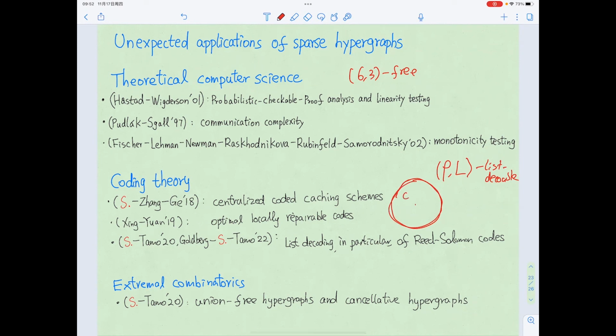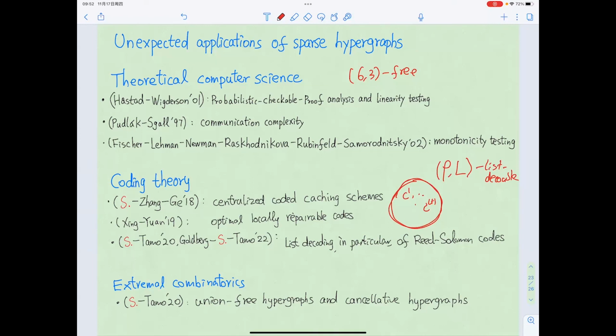If it contains c_1 to c_{L+1}, if it contains L plus 1 vectors, then in this case, it is bad. This is a bad case for decoding. We want to get rid of such cases where many code words are contained in a small ball.